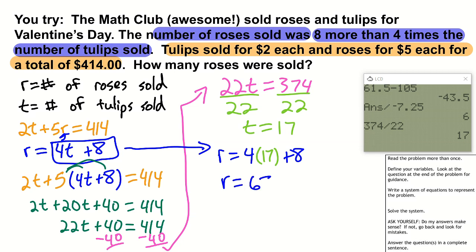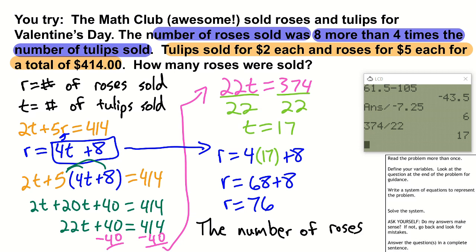So R equals 68 plus 8. So R equals 76. So our answer, the number of roses sold was 76. Questions on that one?